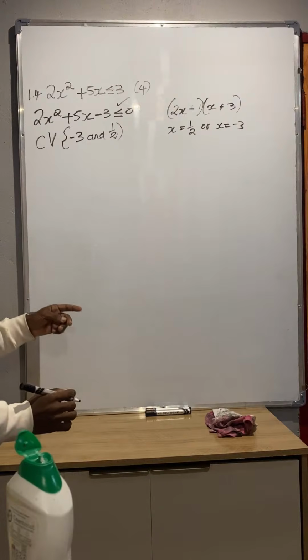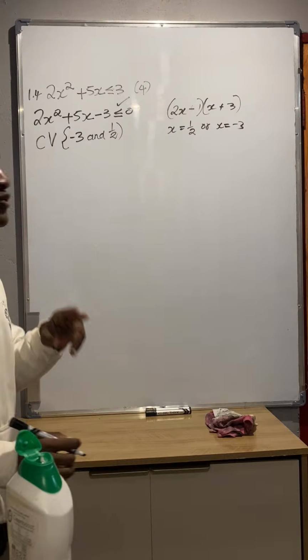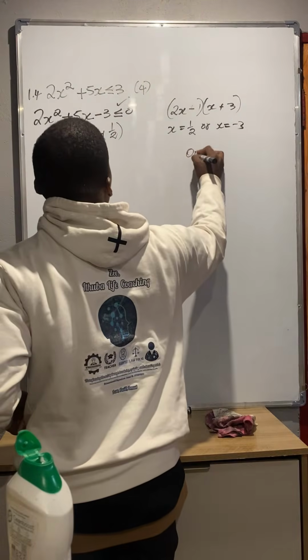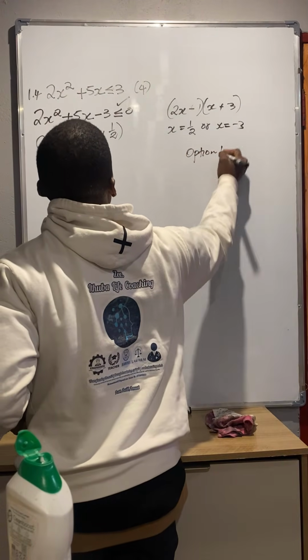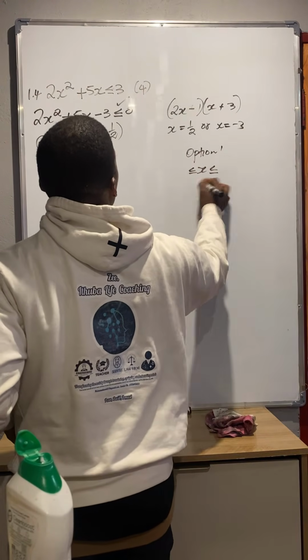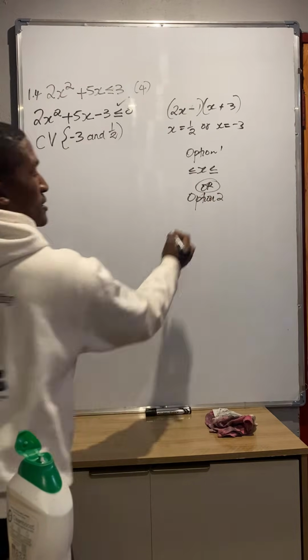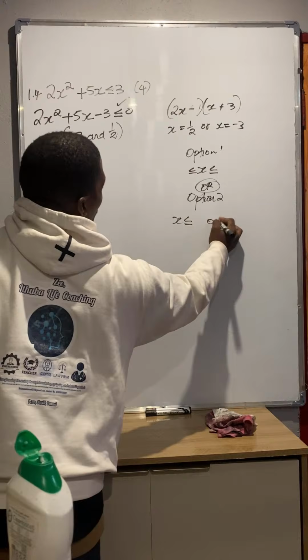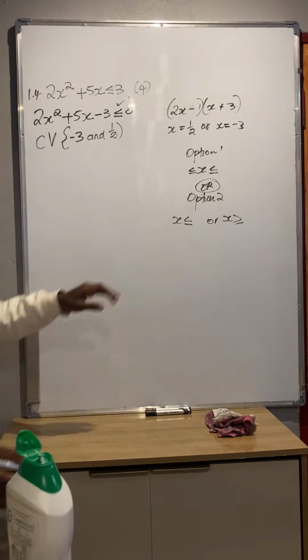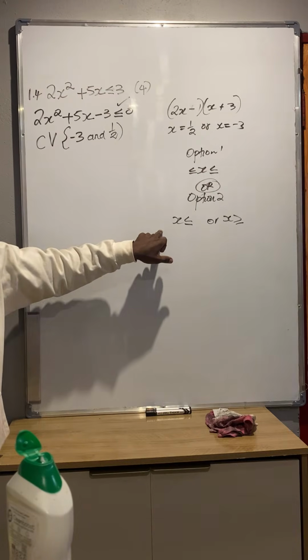Now the question is, we have 2 types of answers. We have option 1, which is this one, or option 2, which is pointing in that direction. So our answer is this one or this one.